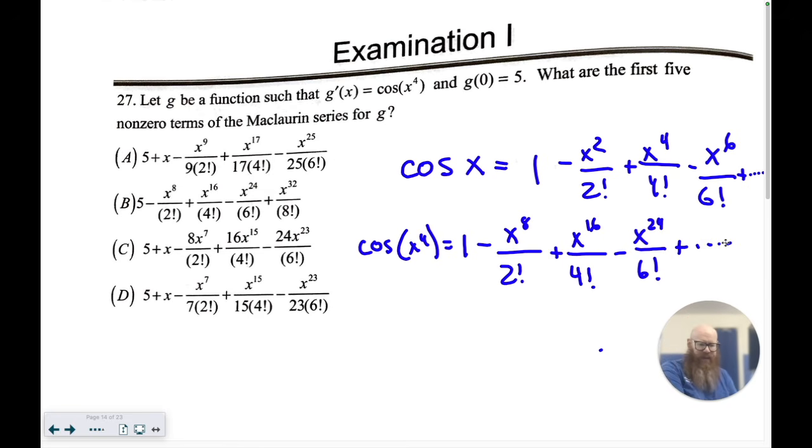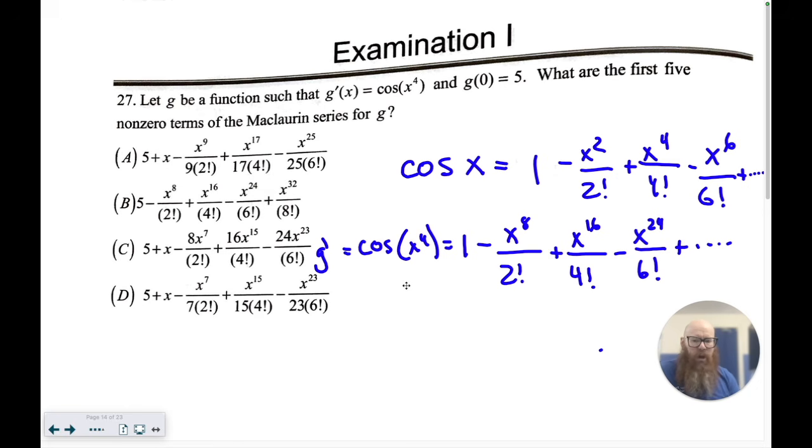I probably don't even need that much, but I'm just replacing each x with x to the 4th. Now, this is g prime. And it wants the first 4 non-zero terms of g, which is the antiderivative of this.